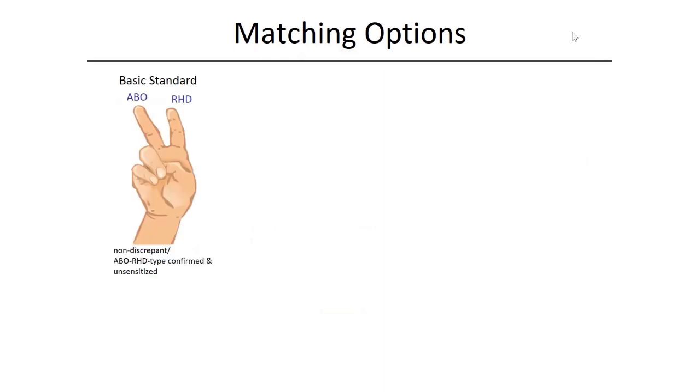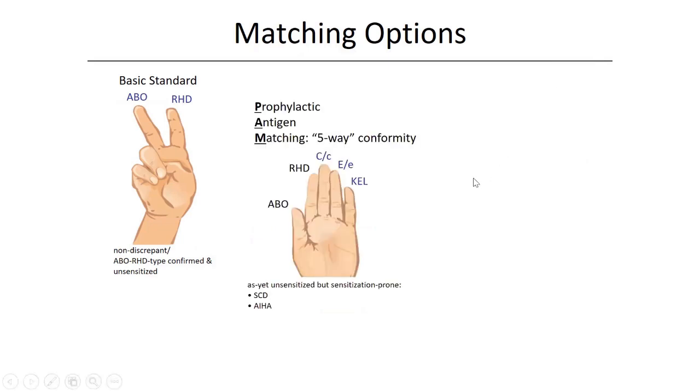Now, what are your matching options? Standard of care was basic ABO RhD matching, a two-way match. The prophylactic antigen match goes a little further. It includes the C's and E's of the Rh system, as well as the KEL antigen.